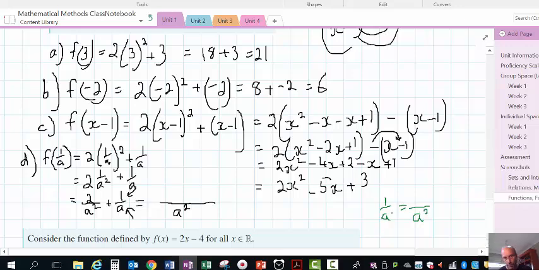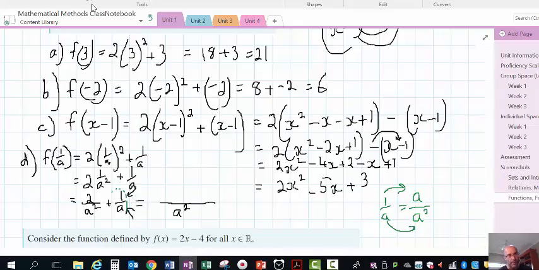To clarify, I've multiplied the bottom by a, so a goes to a squared. We've got to do the same to the top to be an equivalent fraction. That'll be a over a squared. So that right hand fraction will be the same as a over a squared. Putting it all over a squared, then we have 2 over a squared plus a over a squared.